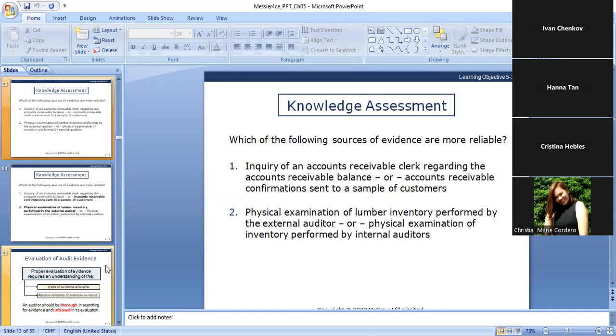At least they know that ending balances are correct. On those audits gathering physical evidence, you're not sending the senior auditor because that's too expensive. You're basically sending junior auditors or trainees.